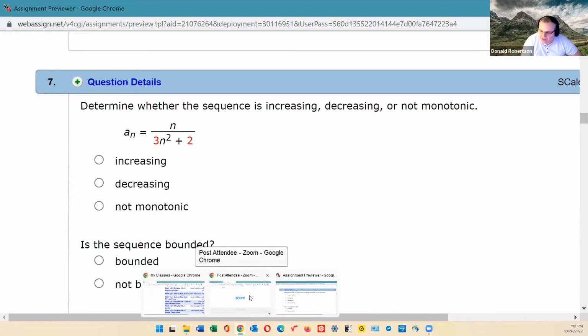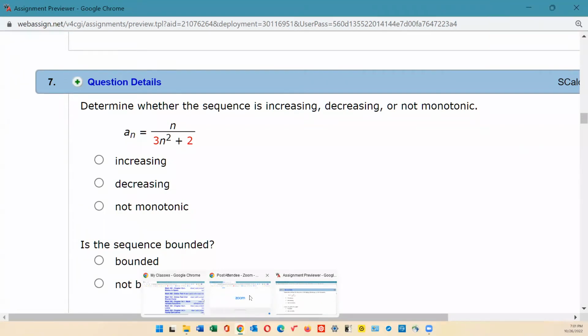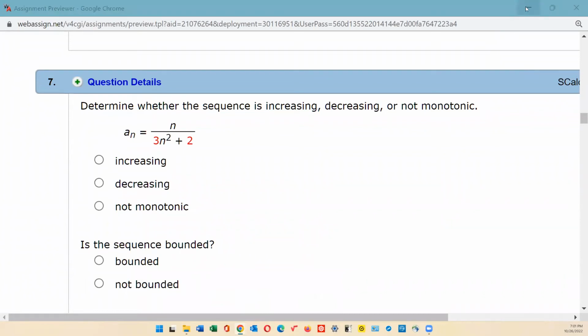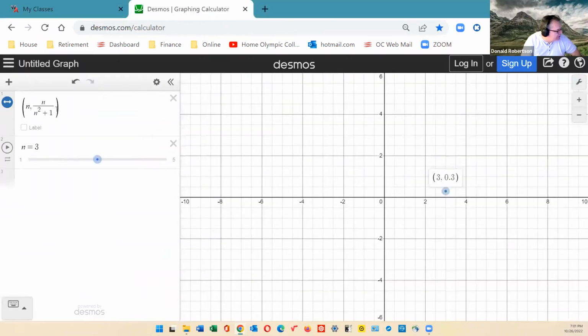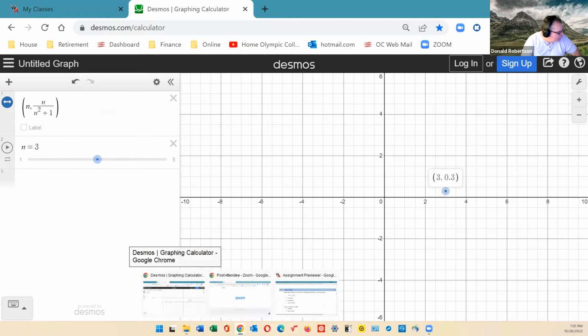Well, you could always find A1, A2, A3, right? And look at the numbers. I think it will duck below the x-axis and come up near 0. Ah, interesting. Well, let's see if I can make that happen. So I've forgotten what that guy is, so I'll go back and find the question and we'll do a little plot of him, right? See what he looks like.